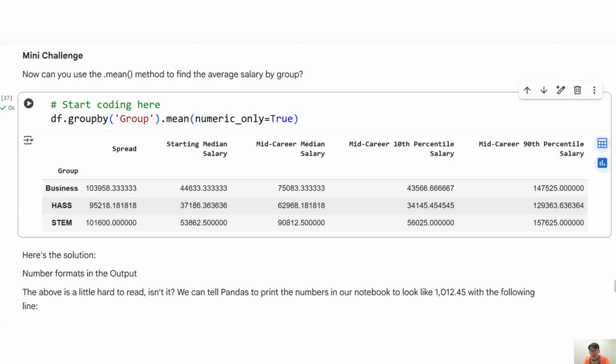It's a huge gap. But don't change your mind if you have decided to study HAS. You have great potential. And you can see the mid-career median salary. For those who earn a lot of money, there's a huge gap between different schools. It's a pity that HAS is always last.